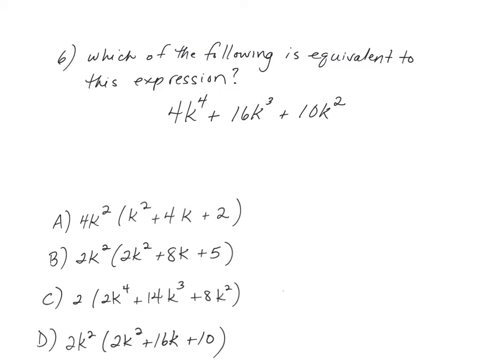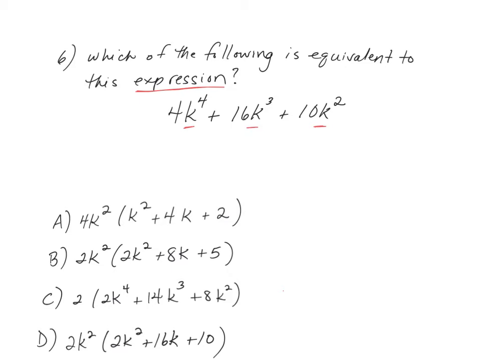For number 6, again, we're looking for the equivalent of the expression. And if you look at your answer choices, we see the word expression, so we're simplifying. In this particular case, all 3 terms have a k. They also all have even numbers, 4, 16, and 10.